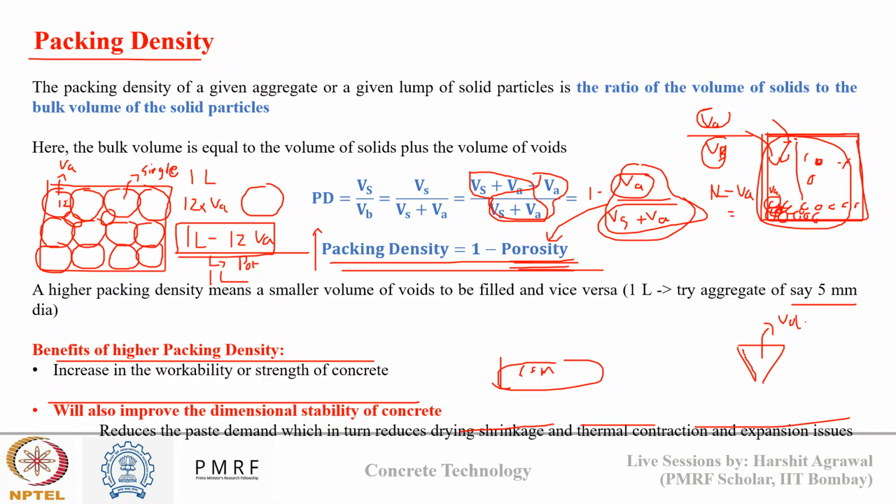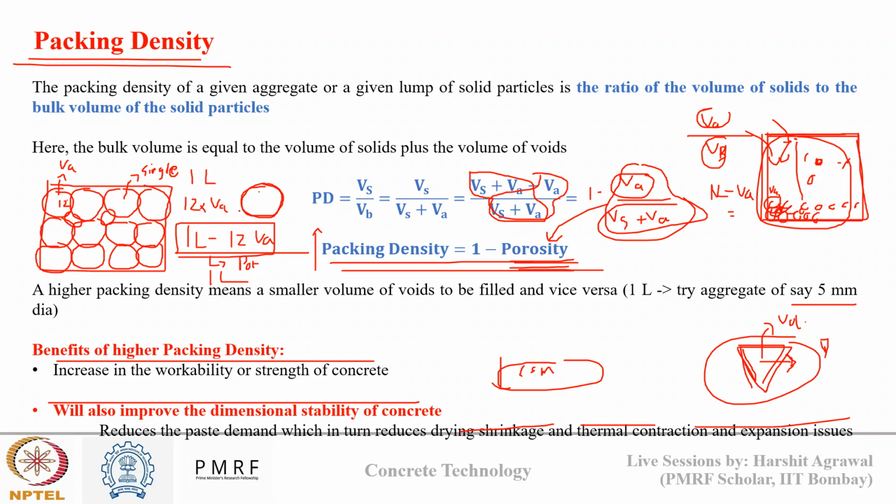Not each aggregate will have the same shape, same size. So while understanding packing density, just think of spherical aggregates. The same concept will work for angular aggregates also, but it will be a little complicated, because calculating the volume of angular aggregate is not that easy. For each aggregate we need to calculate the volume.